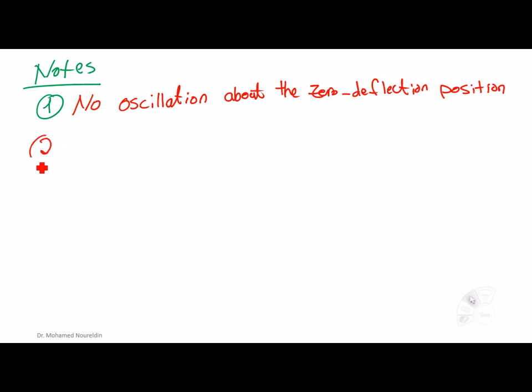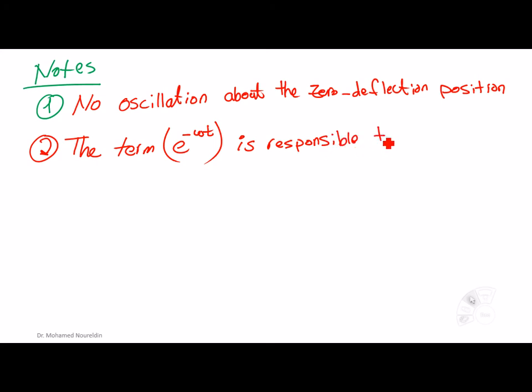And number two, the exponential decay term, which we call e to minus omega t, is responsible to return the motion to the rest condition.